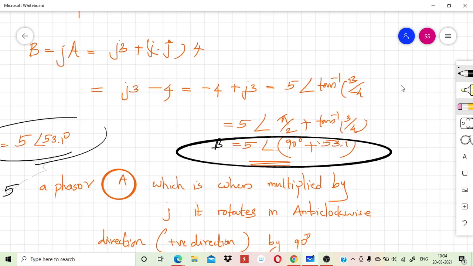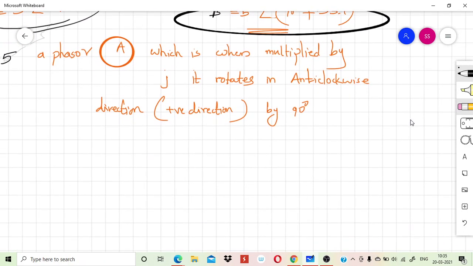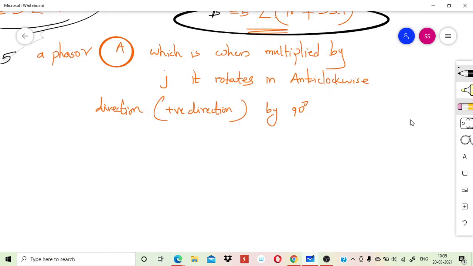This is what you mean by the multiplication of the operator j to a phasor. If you multiply an arbitrary phasor A with j, it gets rotated in the positive direction by an angle 90 degree.